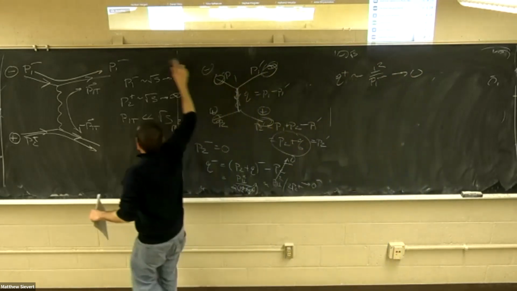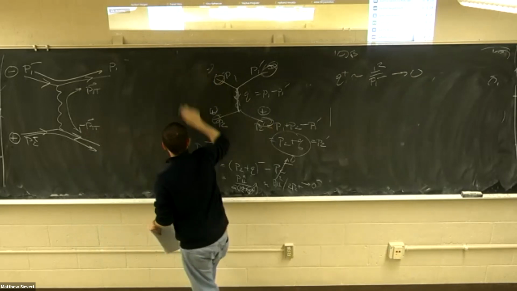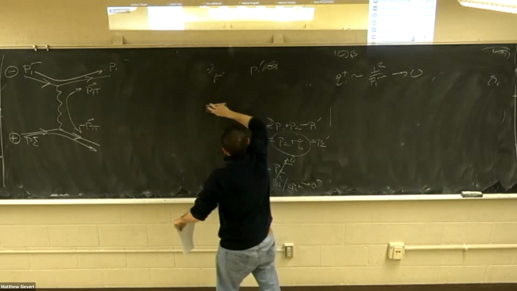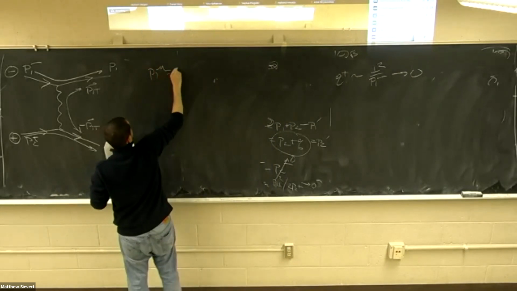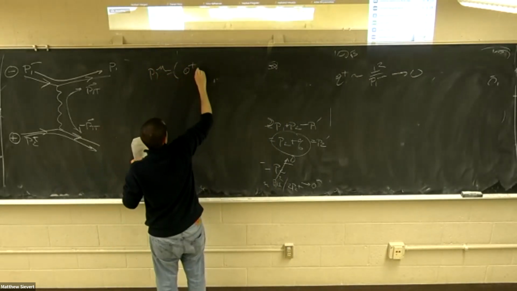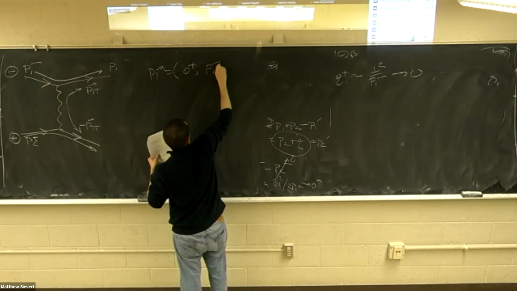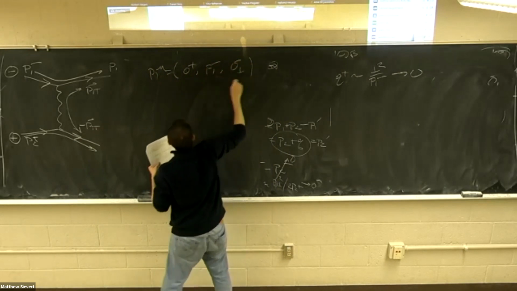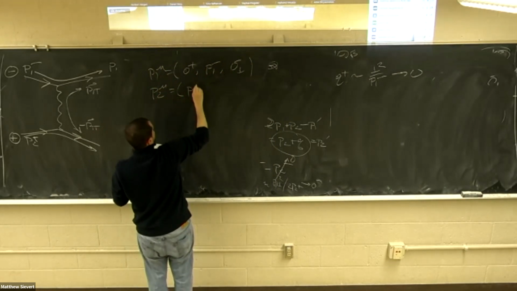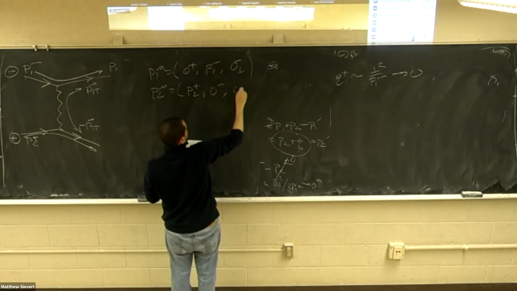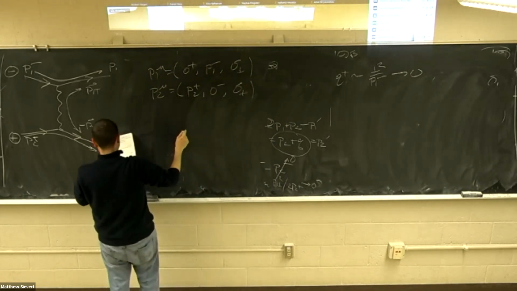The important punchline is this one. That effectively your scattering looks like P1 mu is nothing in the plus direction, large momentum in the minus direction, nothing transverse. P2 mu is something large in the plus direction, nothing in the minus, nothing in the transverse direction.